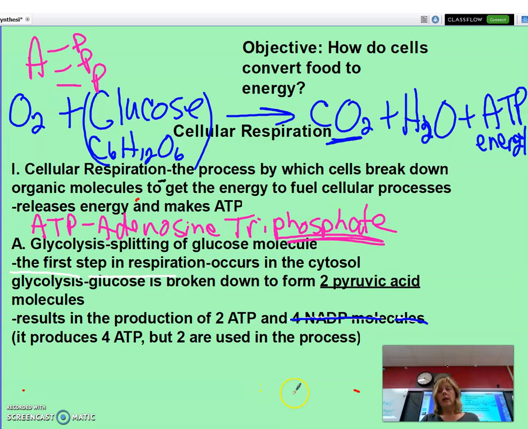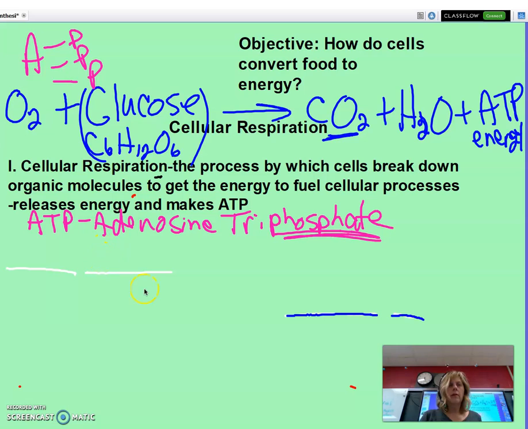So this is a biochemical process just like photosynthesis. The first step in cellular respiration is pretty simple. It's something called glycolysis. Glycolysis is literally just the splitting of glucose molecules. So that's the first step. I'm going to transfer this to the next page.